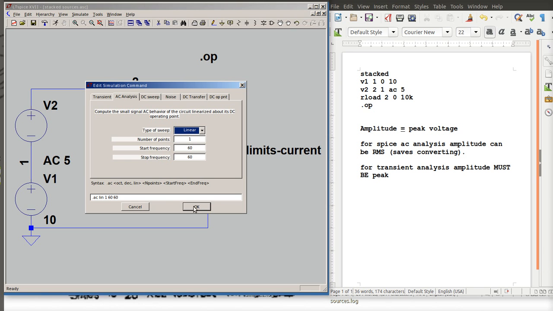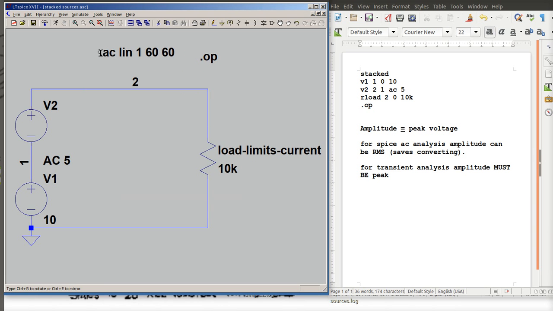So it has built an analysis line for me. Instead of .op, it's now .ac lin for linear, 1 point between 60 and 60.